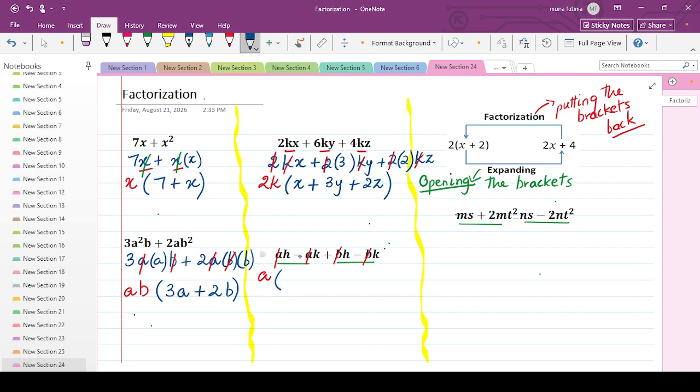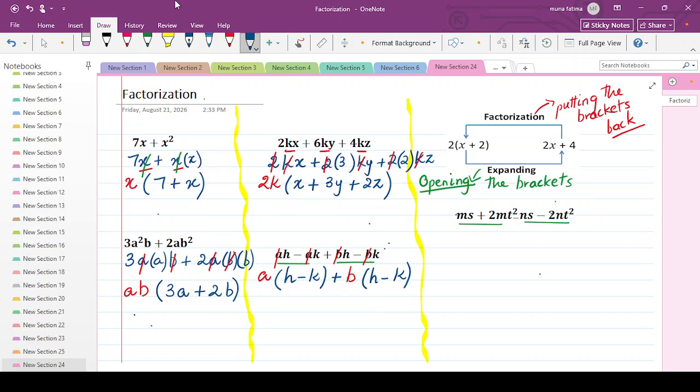From the first term only h is left, from the second term k is left. Plus the next two terms, the common term that we found was b, which is written outside, and then you write what you have left. H is left from this term and k is left from this term.